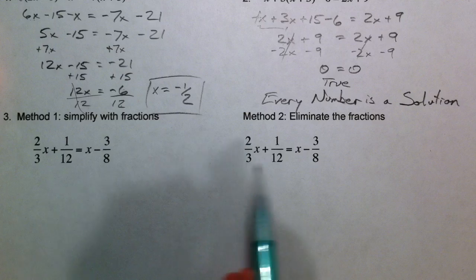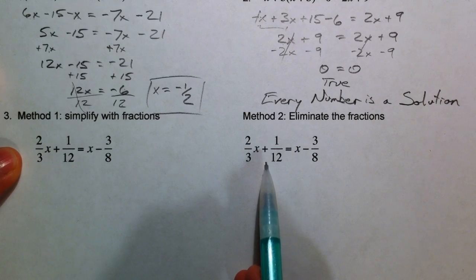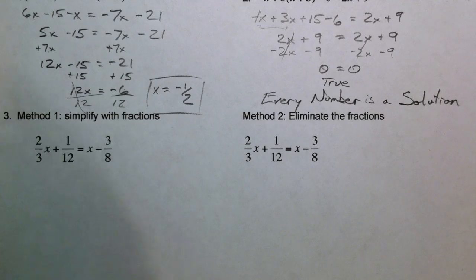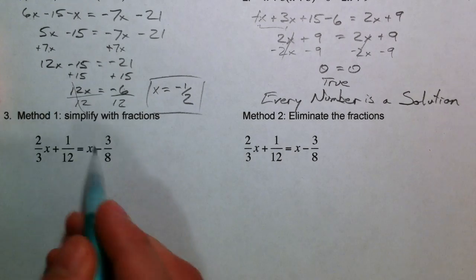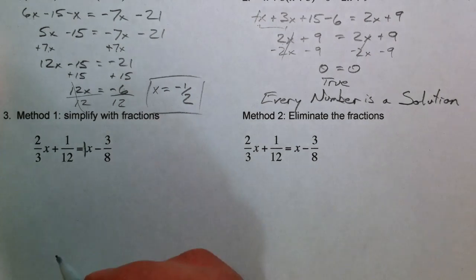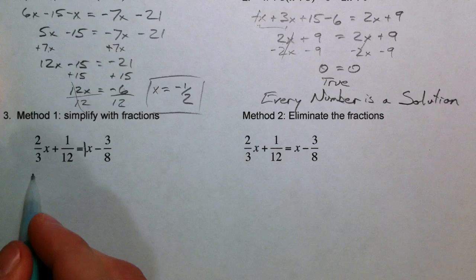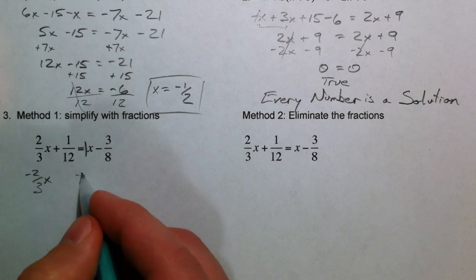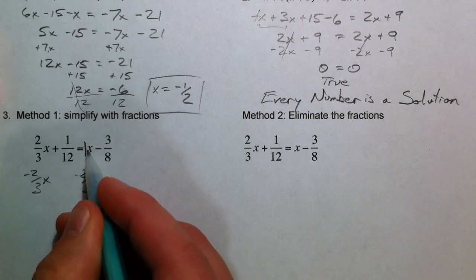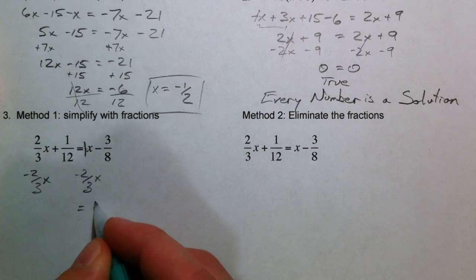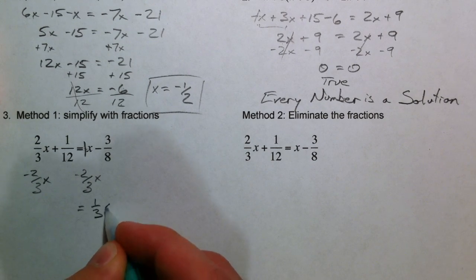So this next one, same exact question, but we're going to solve it 2 different ways. First time I'm actually going to deal with the fractions. So let's combine the x's. This is 2/3 x, and this is 1x. So if I subtract 2/3 x from both sides, subtract 2/3 x. 1 minus 2/3 is 1/3 x.